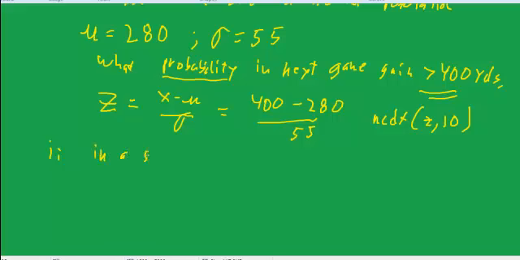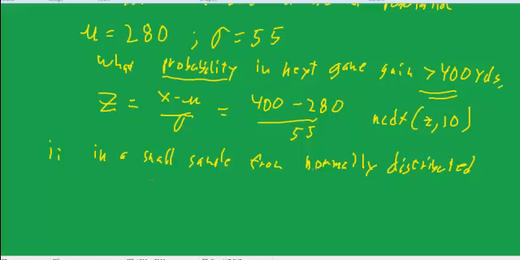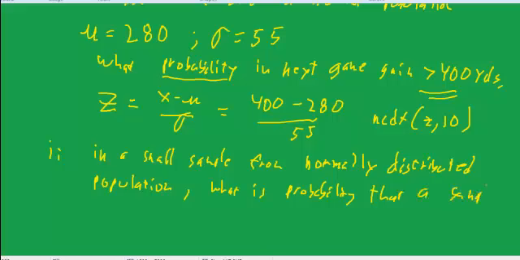In a small sample from a normally distributed population, what is the probability that a sample average will fall somewhere?